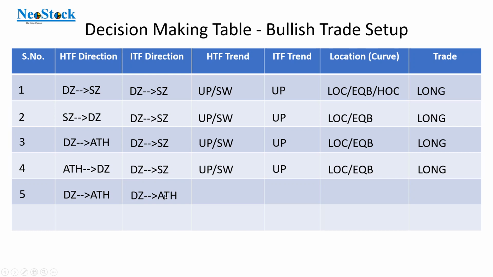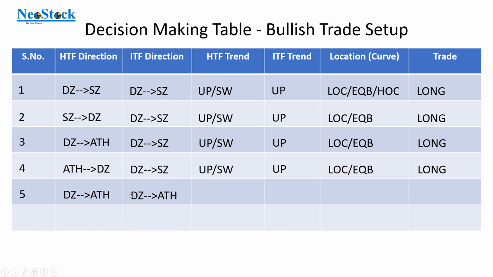This point would not have come into your mind when we were discussing what the other scenario is other than demand zone to supply zone. Demand zone to supply zone and demand zone to all-time high are alternatives to each other when there is no ITF supply zone. So this demand zone is an all-time high demand zone.